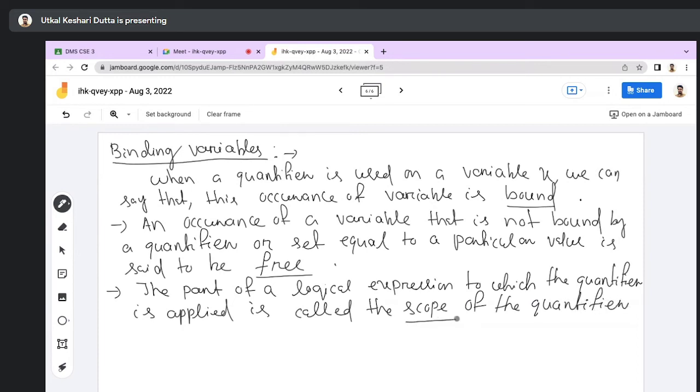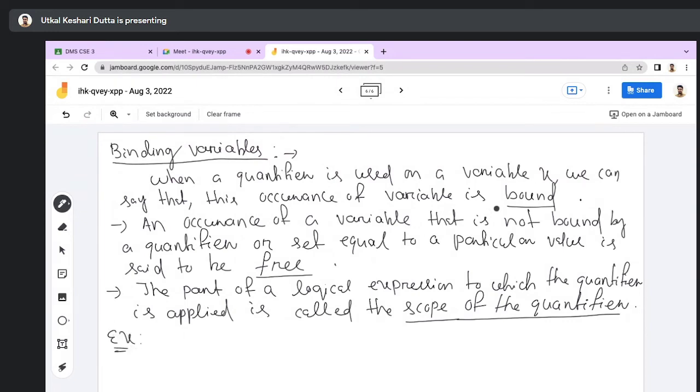That means in a mathematical or logical expression, we find the part to which the universal quantification or existential quantification applies. First find the quantifier, so there exists x or for all x. So this is applied to what expression? That expression is called the scope. Okay.